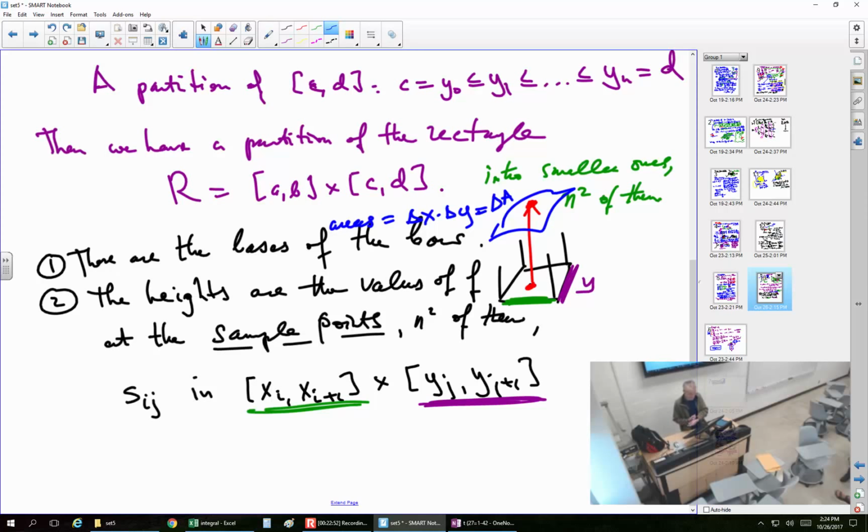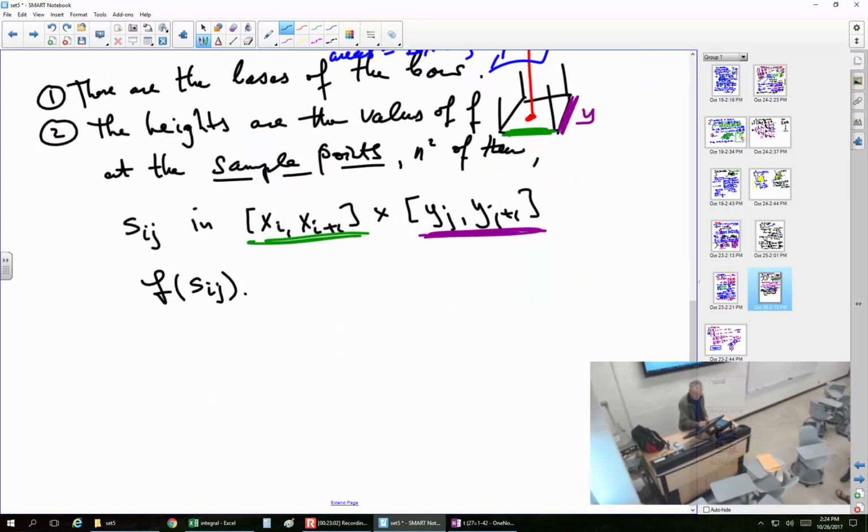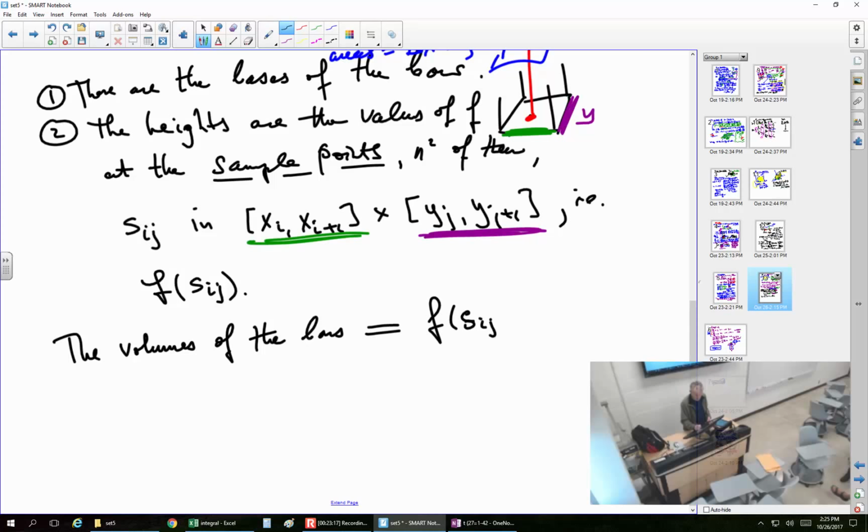And then the heights are f of s_ij. So the volumes of the bars are f of s_ij times delta A. Just remember what delta A is. It's just the area of the rectangle.